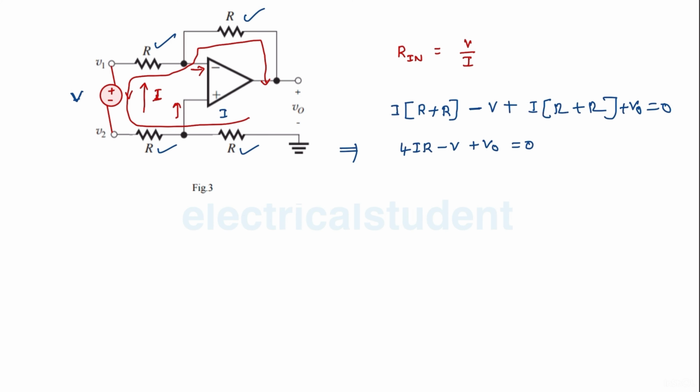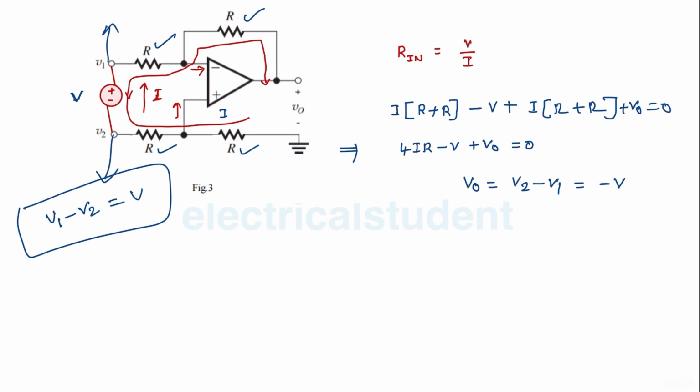But earlier we have calculated that V0 is nothing but V2 minus V1. So this is your V2, this is your V1. So V0 is nothing but V2 minus V1, which is nothing but minus V, because V1 minus V2 is V here. So the equation now becomes 4 times IR minus 2V is equal to 0.